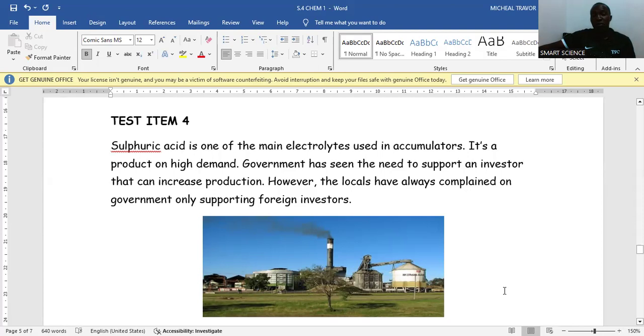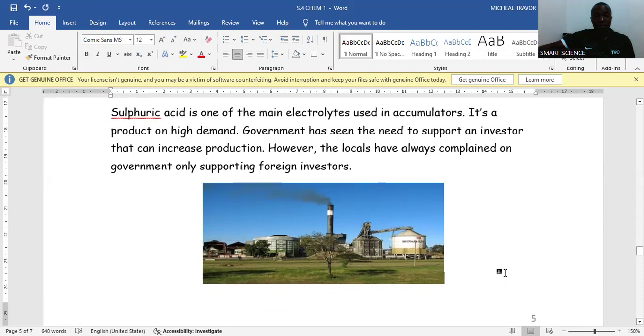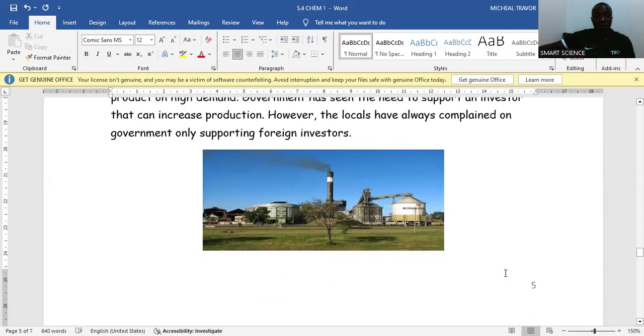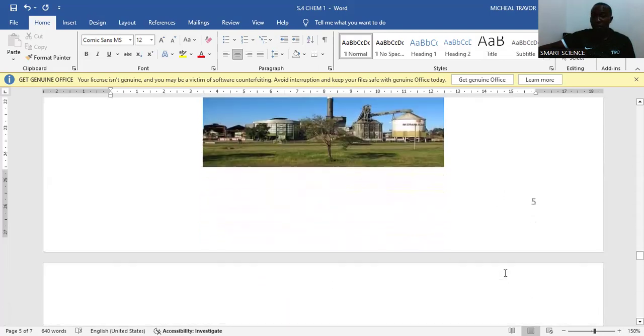However, the locals have always complained on the government only supporting foreign investors. I think this has been even evidenced in the previous meeting of the businessmen with our president.